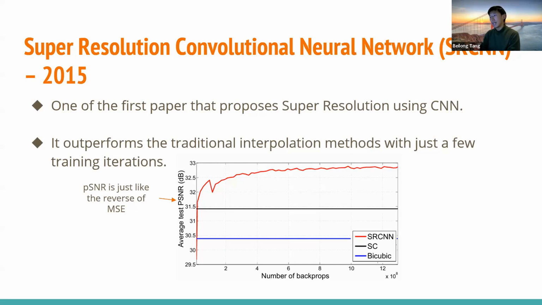And it is widely used as an evaluation metric in the super resolution task. Within maybe 100 iterations, the red line is above the blue line. That means it achieves better PSNR scores compared to the traditional methods, and it keeps improving, doing much better.